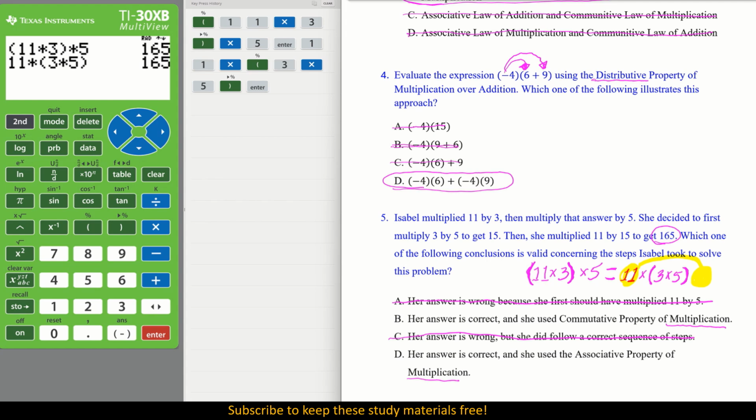The way that they wrote this right here, they kept it in that 11 by 15. That keeps it in the order that I wrote it, and therefore that's associative. Now, if they had said 15 by 11, yes, it would have been option B. Because of the way they wrote the problem, option B is out, and our final conclusion is option D.